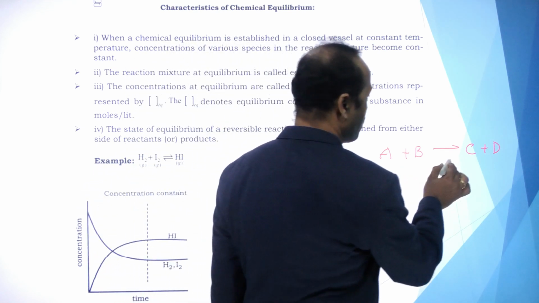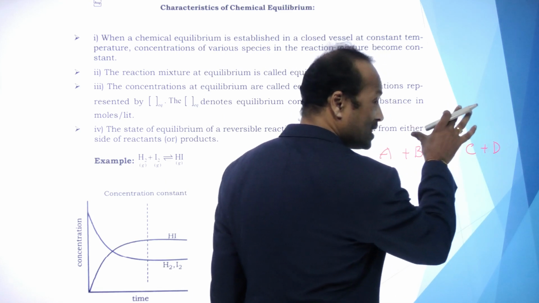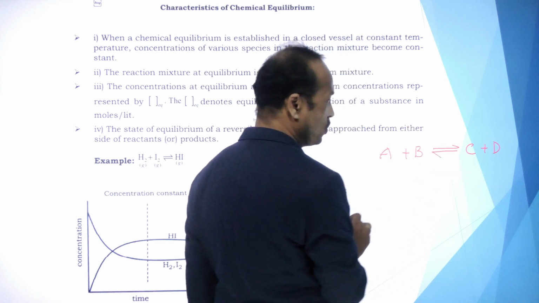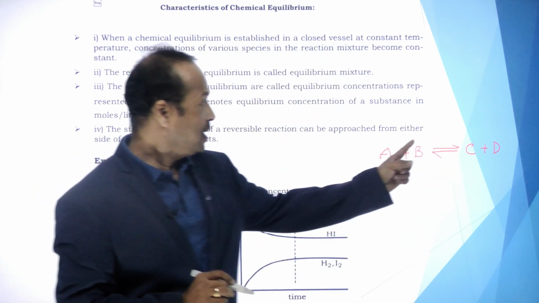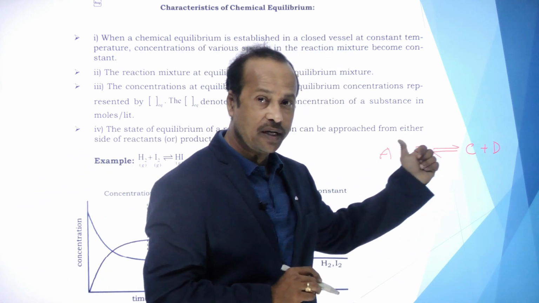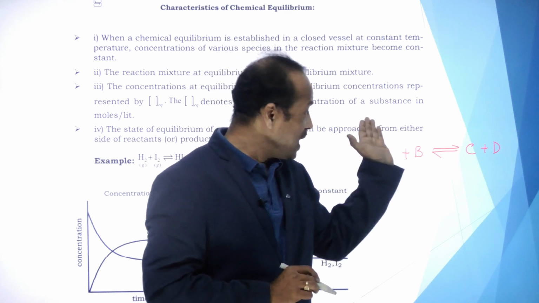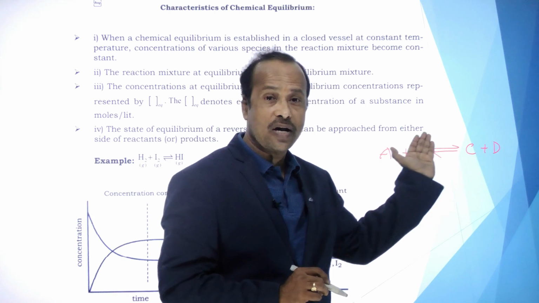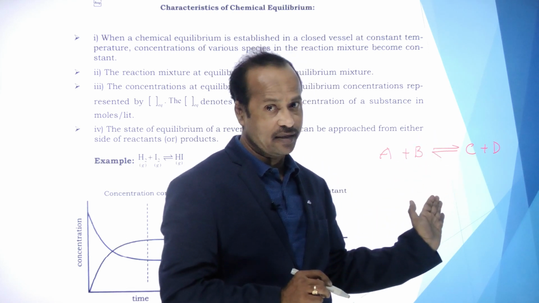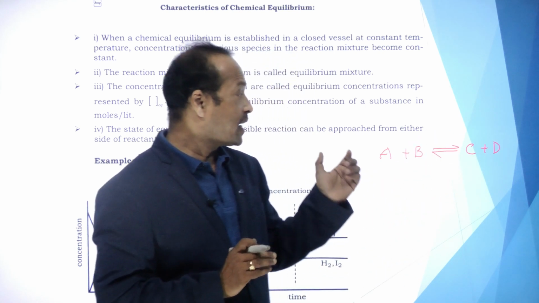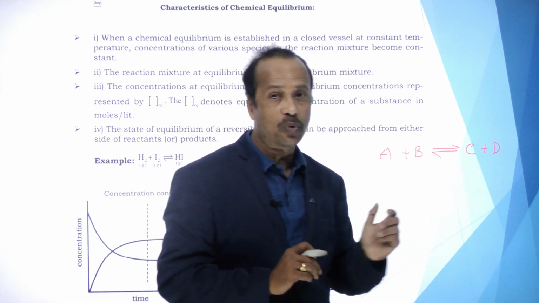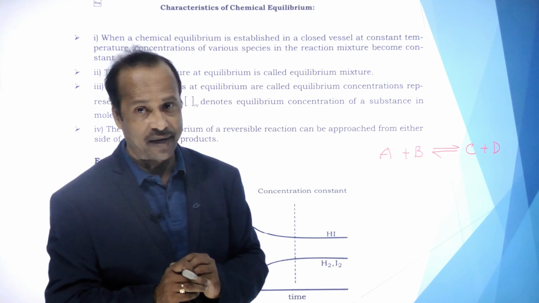Then after a particular amount of time, as this is a reversible reaction, the products start converting back into the reactants. So reactants are converting into products and products are converting into reactants. The rate of forward reaction becomes equal to the rate of backward reaction.